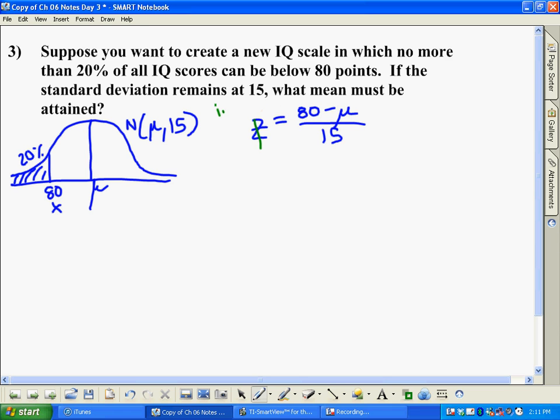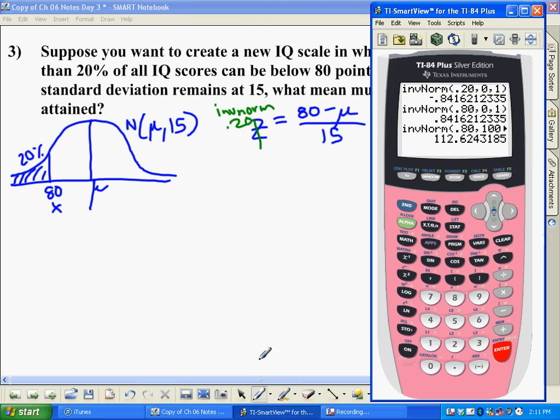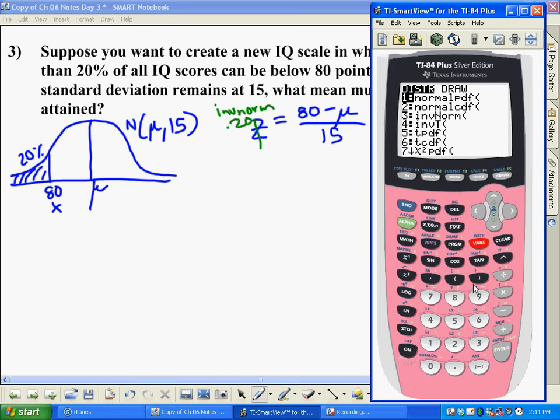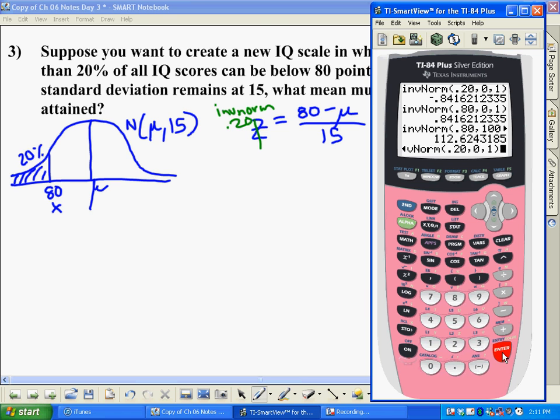If we were to do inverse norm of 0.20, we would go second vars inverse norm. We're going to use 0.20. By the way, you can't use the super secret shortcut here, so change it back to 0 and 1. Go ahead and paste. So it is negative 0.842.